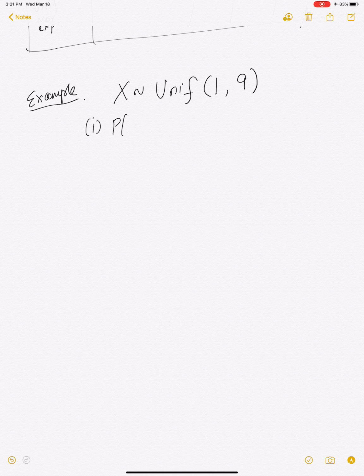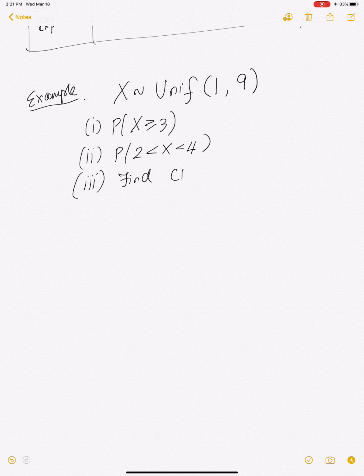One is, what's the probability x is bigger than or equal to 3? The other is, what's the probability x is between 2 and 4? And the other is, let's find the CDF of the random variable x. This is something you should also do in general for A to B. If you have a random variable that's uniform A to B, you should be able to find the CDF of it. So let's go through this.